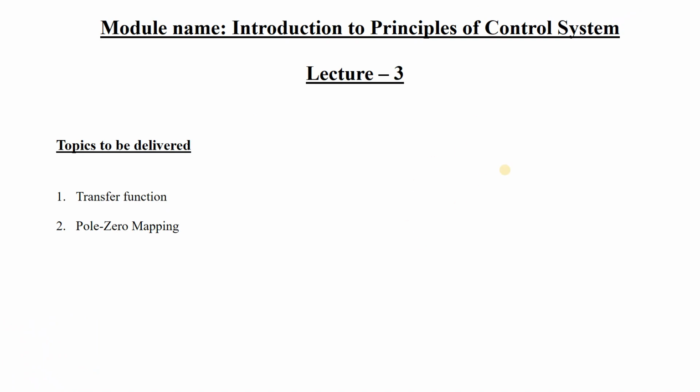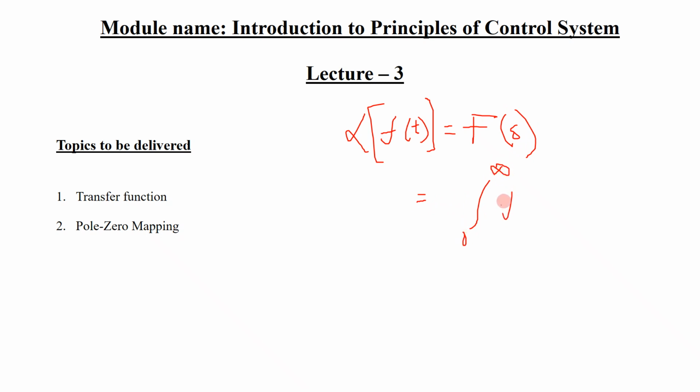If I mention the basics of the Laplace transform, suppose there is a function f(t) and you want to find the Laplace of that function, so it becomes F(s), where the time domain is replaced by the S domain, and F(s) equals the integration of f(t) e to the power minus st dt. So this is the Laplace transform.